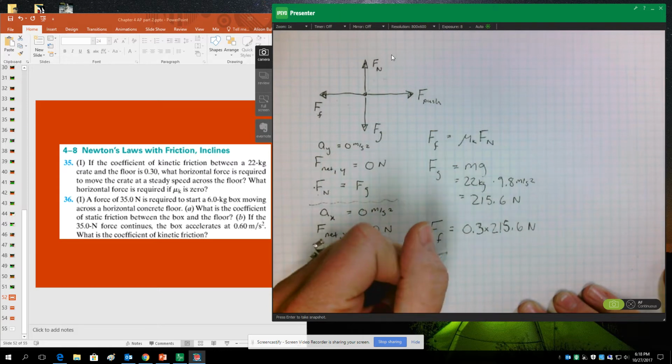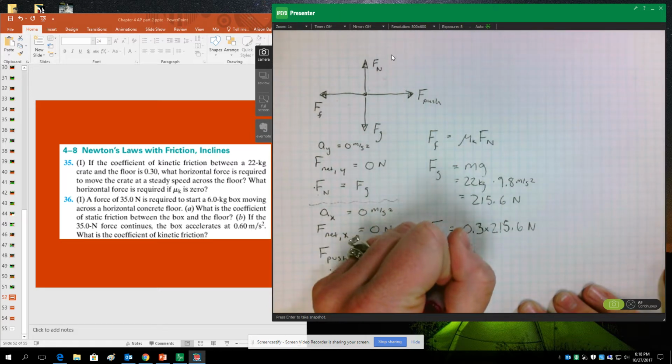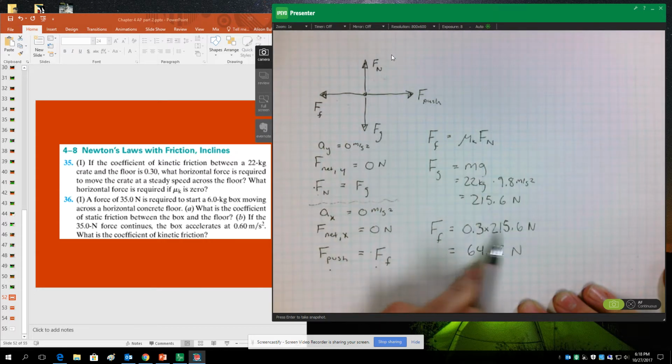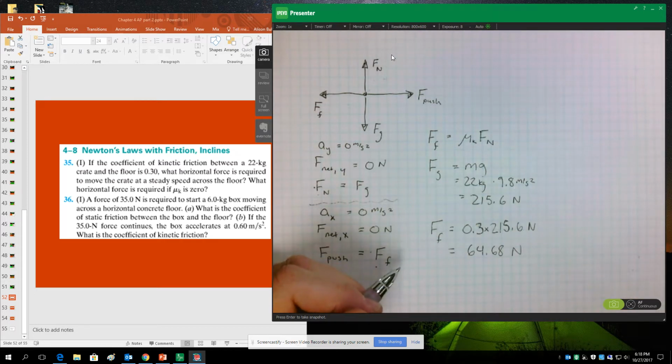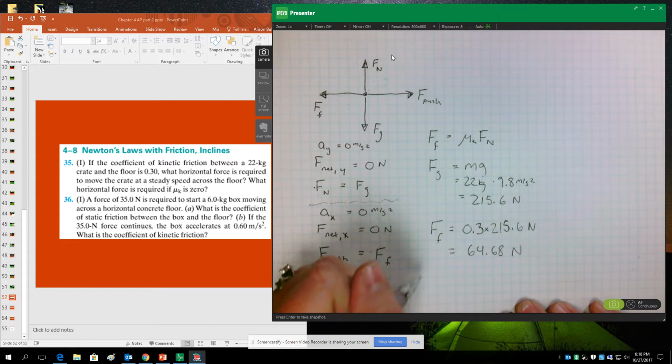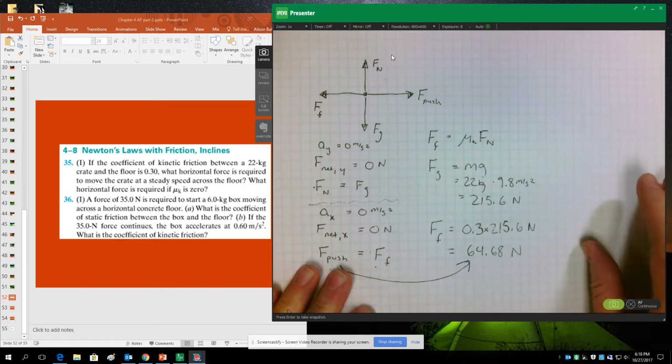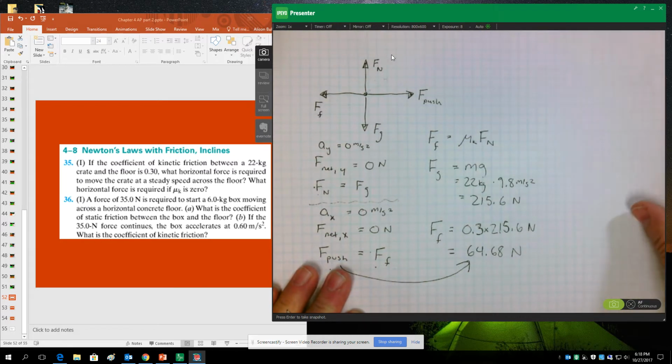And so the force of kinetic friction is 64.68 newtons, right? Unitless times units. And then that tells me that the push force is also 64.68 newtons. Easy peasy. Well, not easy peasy, but it's relatively simple and straightforward. I hope you find that.